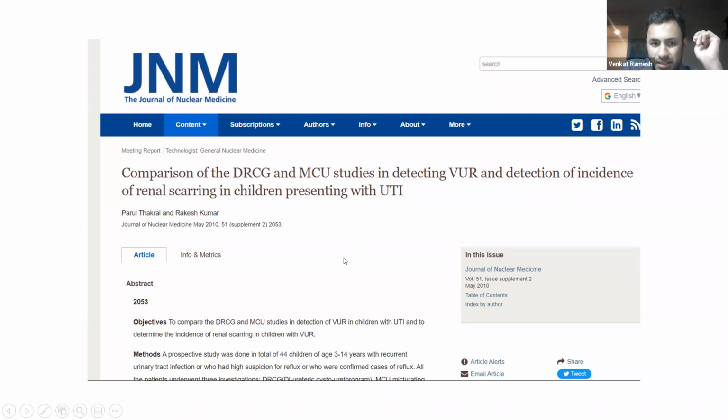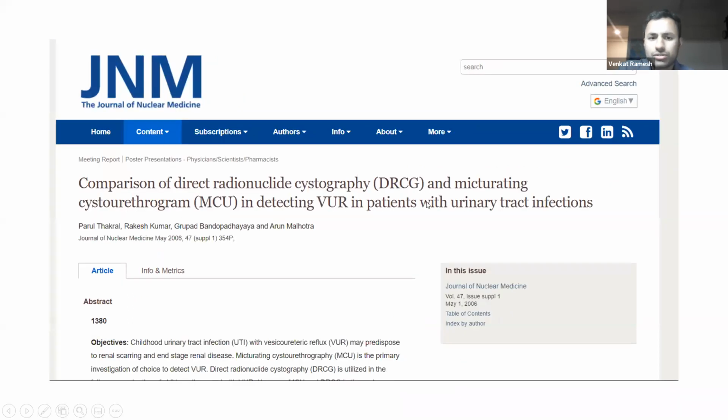And I think there is more or less consensus that DRCG is in fact superior, not only in detection of renal scarring in children, but also in detecting vesicoureteric reflux in patients with urinary tract infection.